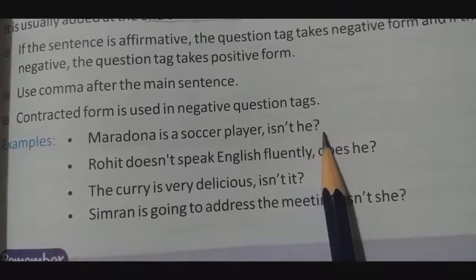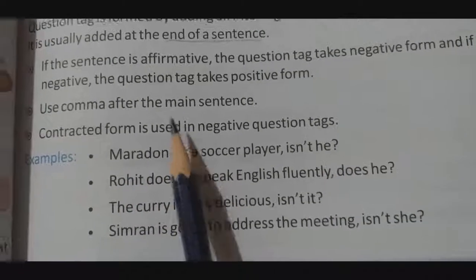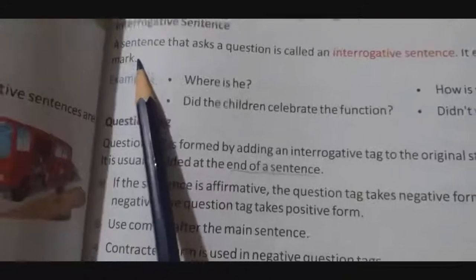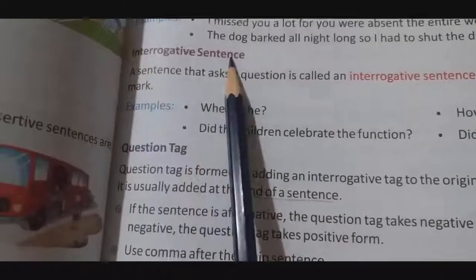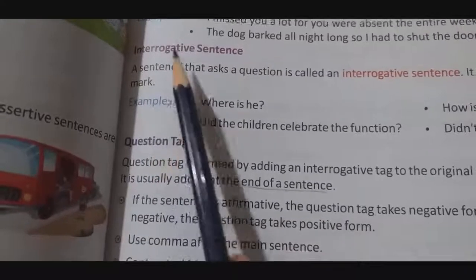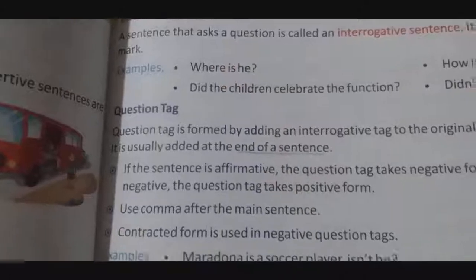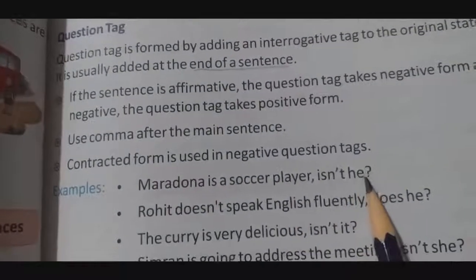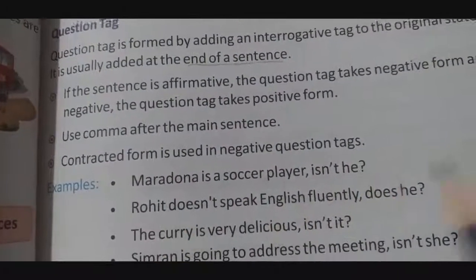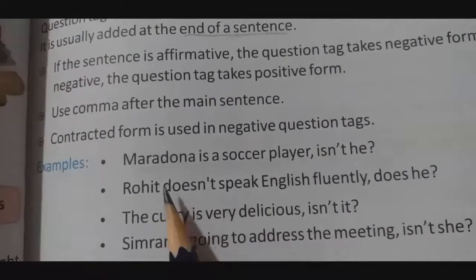And then a question mark, because this question tag comes under the form of interrogative sentences. Clear? So we use a question mark at the end of the complete statement.